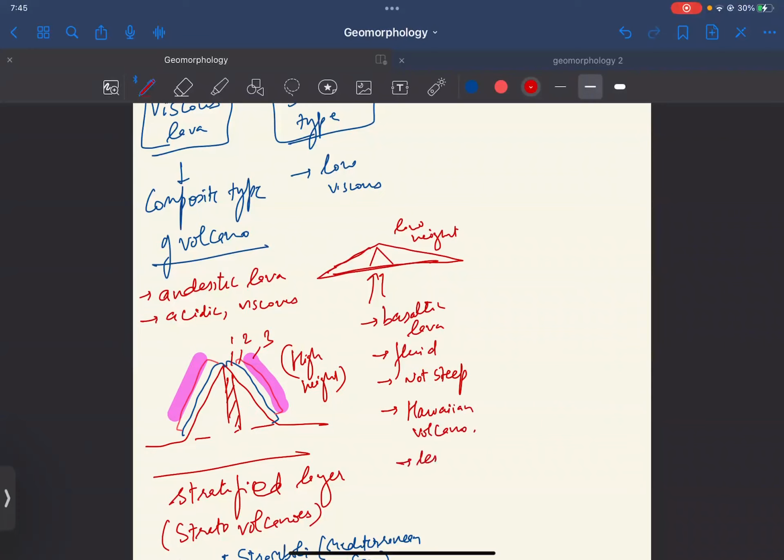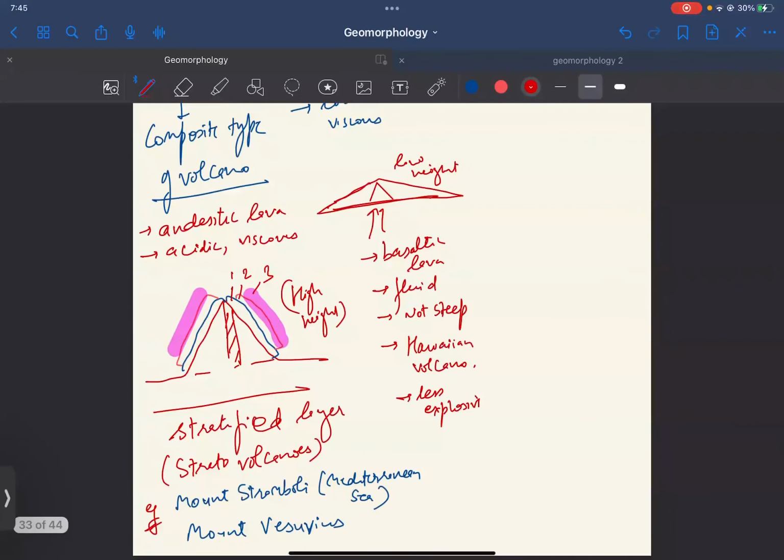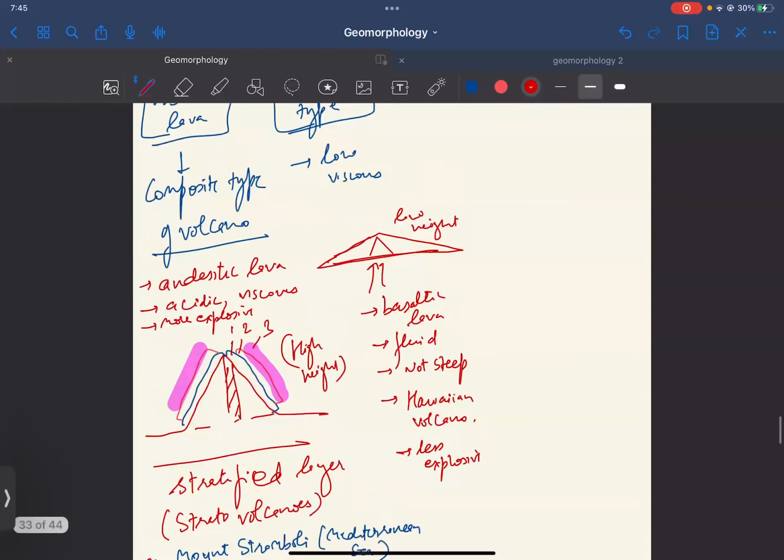And these would be less explosive, but yes, composite type of volcano would be more explosive because we know it can solidify and block the vent of the volcanoes. All right, clear?